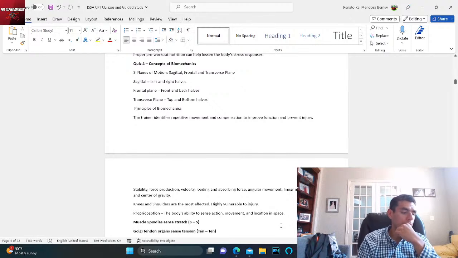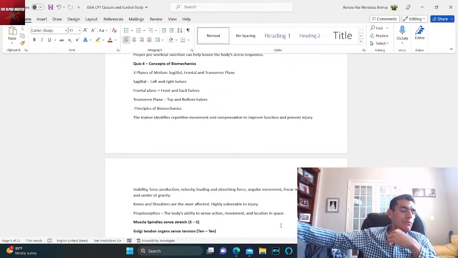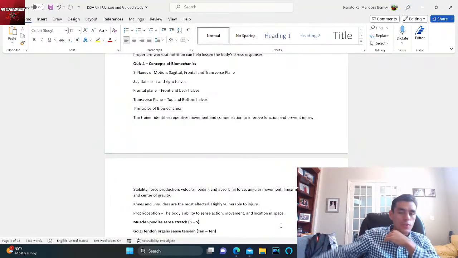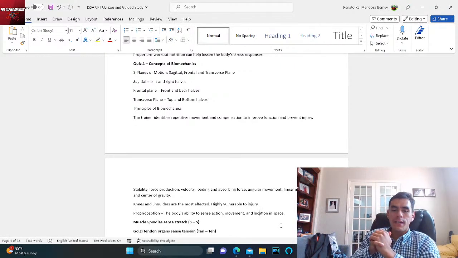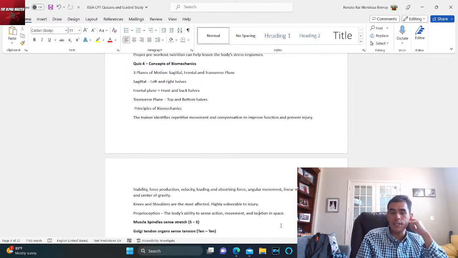So you have the shoulder, the glenohumeral rhythm, the glenohumeral rhythm of the humerus in the shoulder. That's why the knees and shoulders are the most affected by injury and are highly vulnerable to injury.